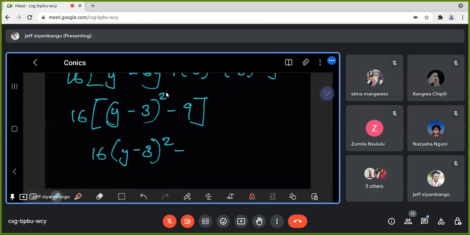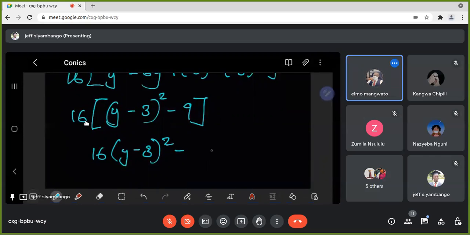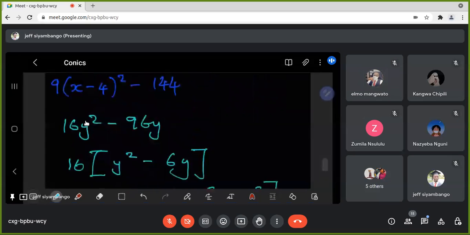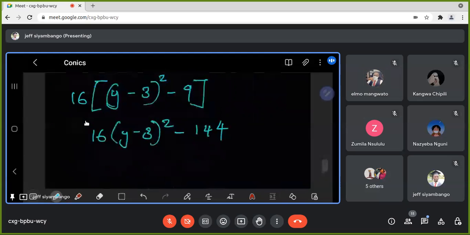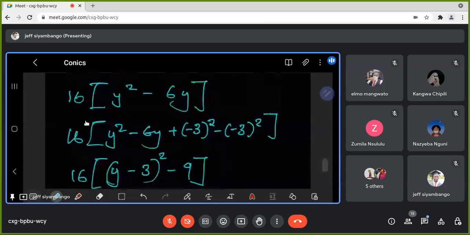We are multiplying. That's 144. Did you not do the same application earlier? Oh yeah, it was 9 by 16 again. Nice, 16 by 9. So we have now completed the square for the two parts.